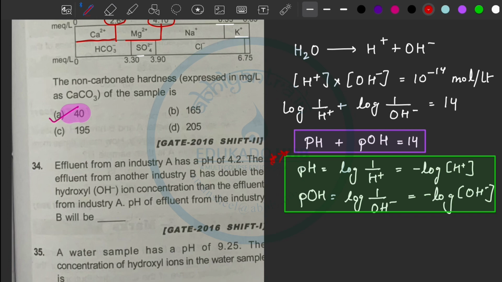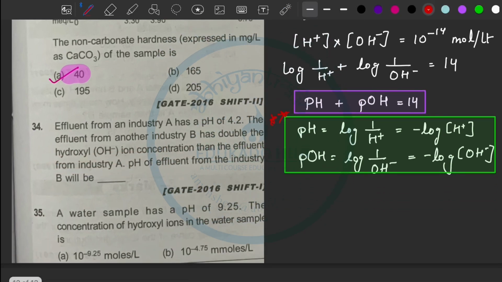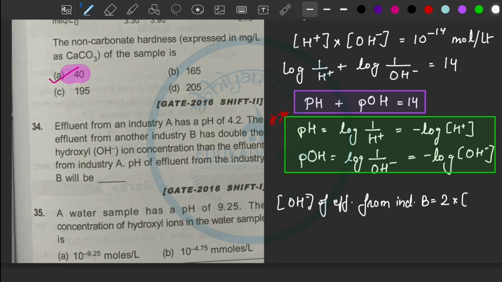Now in this question we are given that the effluent from an industry A has pH of 4.2, and the effluent from another industry B has double the hydroxyl ion concentration than the effluent from industry A. So they have simply said that the OH minus of industry B is 2 times the OH minus of A. So OH minus of B is 2 times OH minus of A, right?